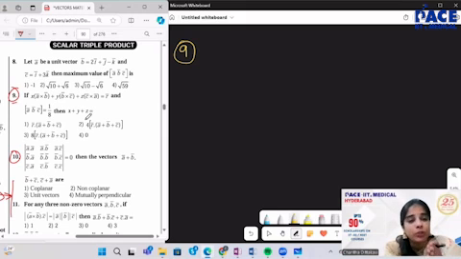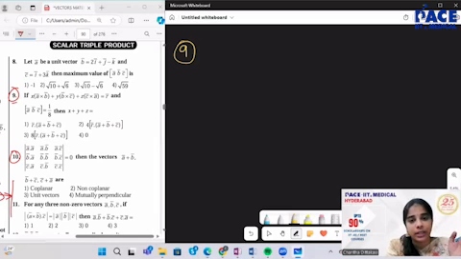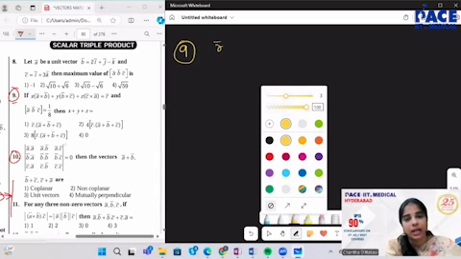But when you look at your options, observe your options: R dot A, R dot B, and R dot C. Here also you have R dot A, R dot B, and R dot C. Here also you have the same pattern. So figuring out what your R dot A, R dot B, and R dot C are might be giving us our proper answers.